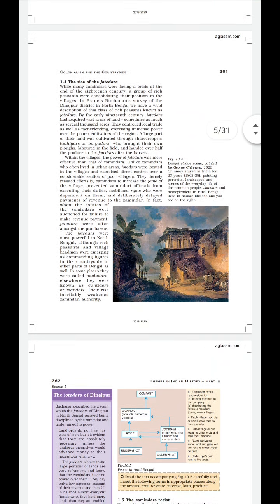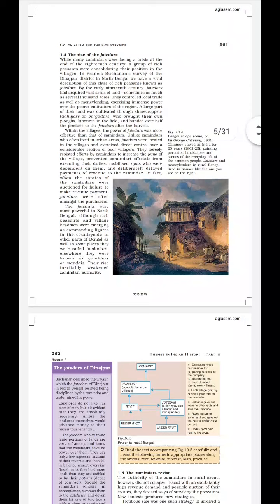Clear? Since the Jotedars lived in the village, they had direct control over the poor villagers and used to oppose the tax increases which the Jamindar imposed. So the Jotedars used to delay the payment of revenue to the Jamindar, and as a result, the property of the Jamindar was auctioned, as they could not pay the revenue to the company on the fixed date.